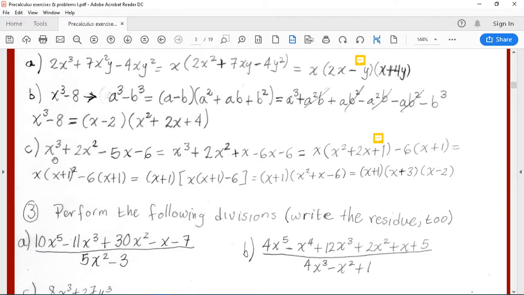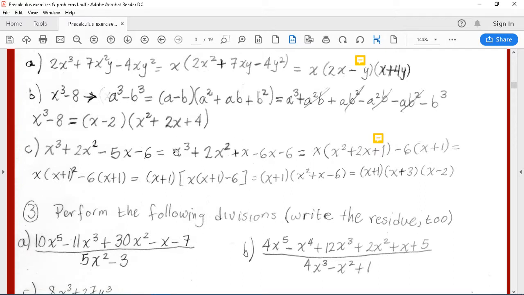So if I have x squared plus 2x here, all I have to do is add and subtract x. Remember that I have factored out this x previously.